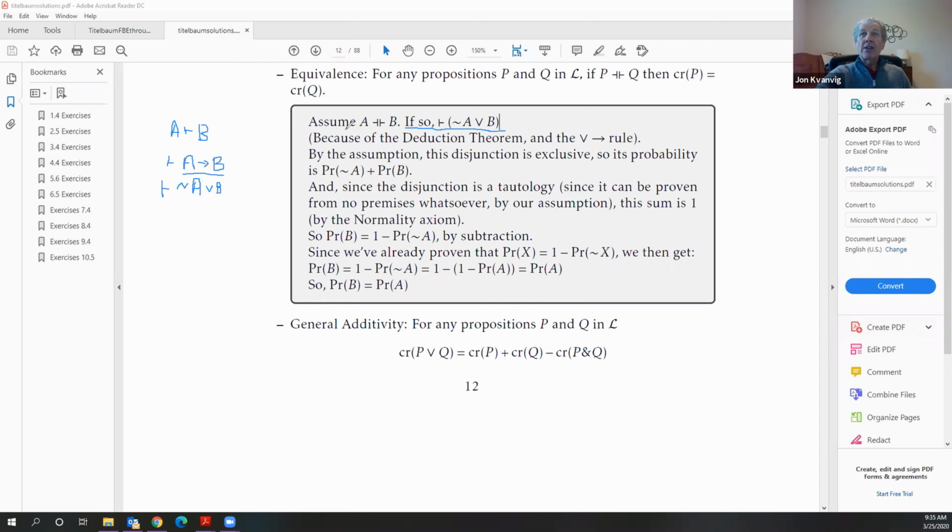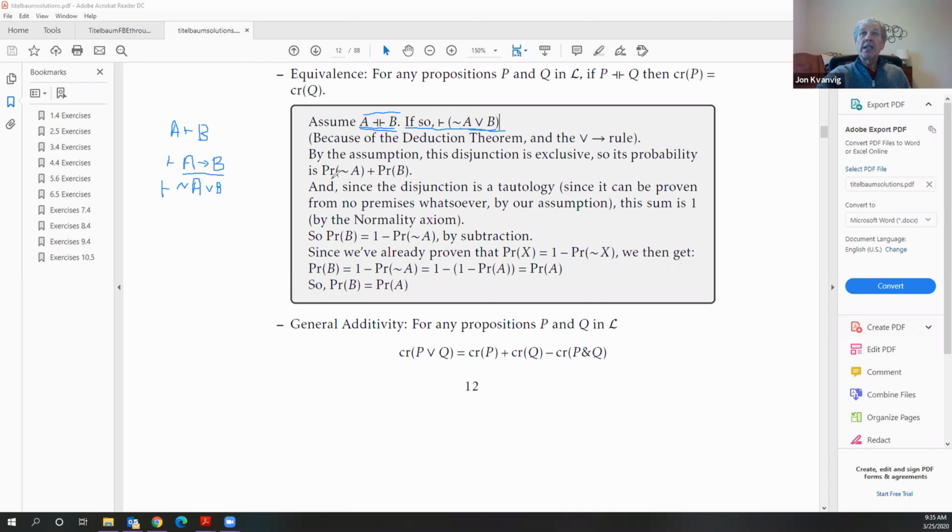We now have a theorem given the assumption that we made. Okay, by the assumption, this disjunction is exclusive, right? If A and B are interderivable, at most one of A or B is false. They basically have to have the same truth value. So if you disjoin B with the denial of the other, or vice versa, you're going to have a disjunction that's exclusive.